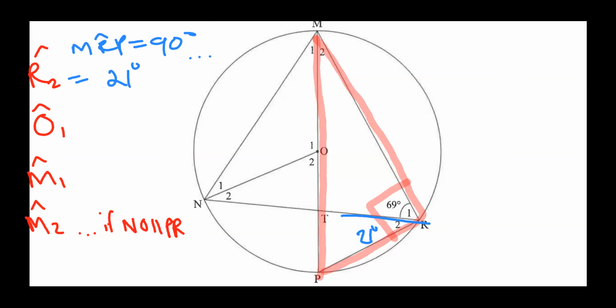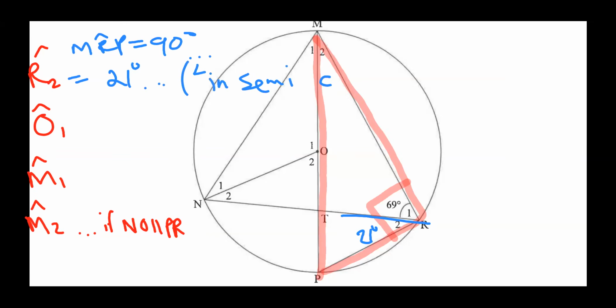But I guess writing angle in a semicircle for this one is also fine. Yeah, because it's not that you're saying R2 is 90 degrees, R2 is 21, but the fact that the entire angle is 90 means we can subtract the 69 to get angle R2. So we're still using the reason angle in a semicircle.